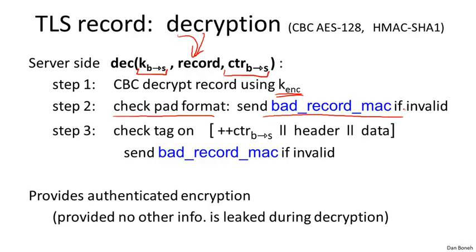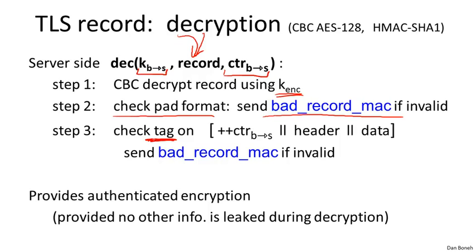If the pad format is correct, then removing the pad is really easy. The server looks at the last byte of the pad, say the last byte is equal to 5, and then it removes the last 5 bytes of the record. By doing that, it strips off the pad. The next thing it does is extract the tag from the record, which are the trailing bytes after we remove the pad.